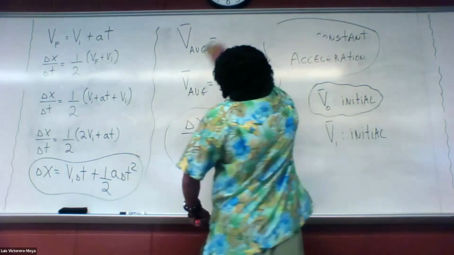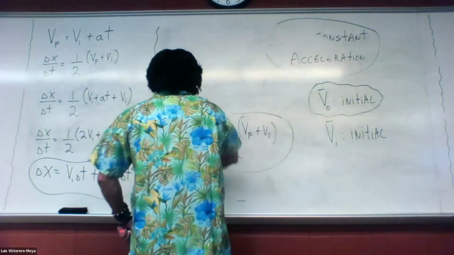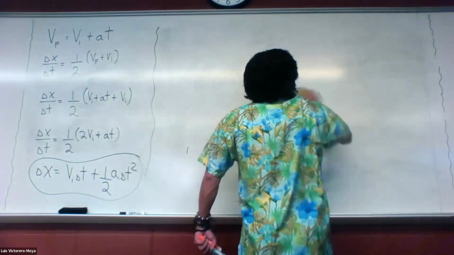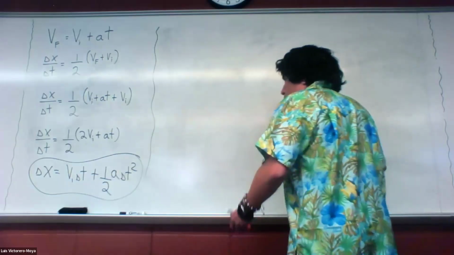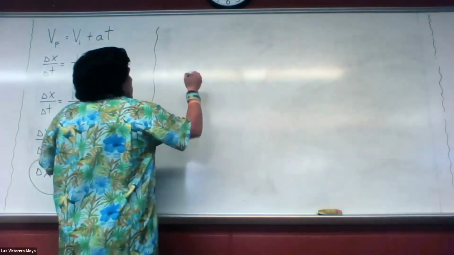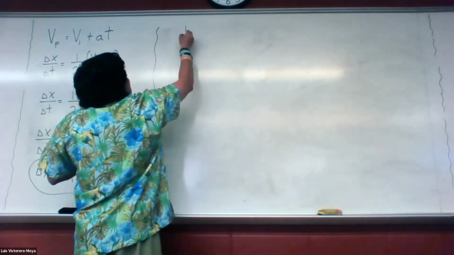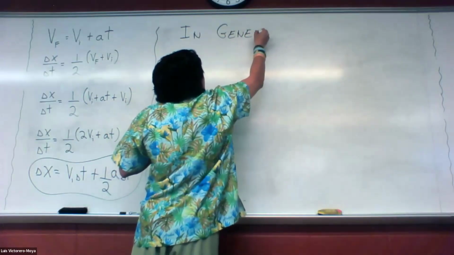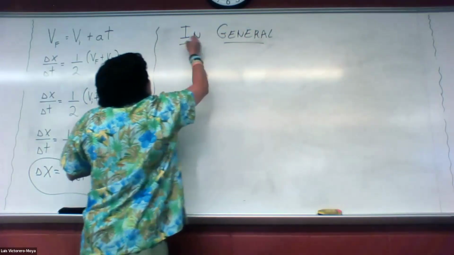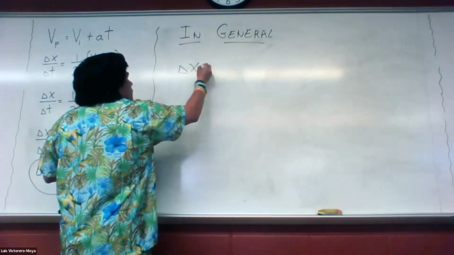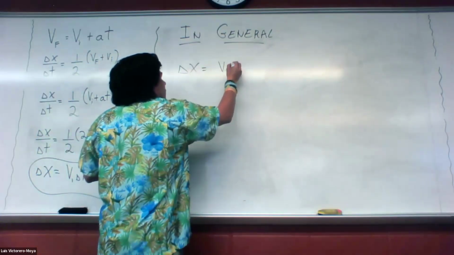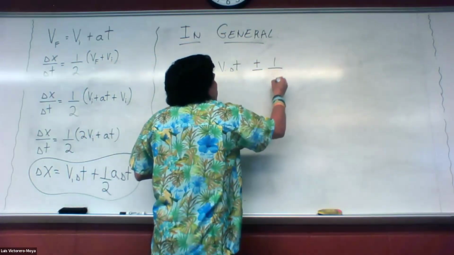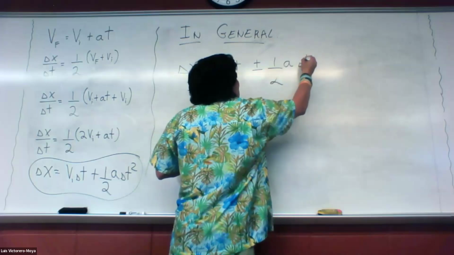Now, in general, we have that delta x is v initial times time plus or minus one half acceleration times time squared.